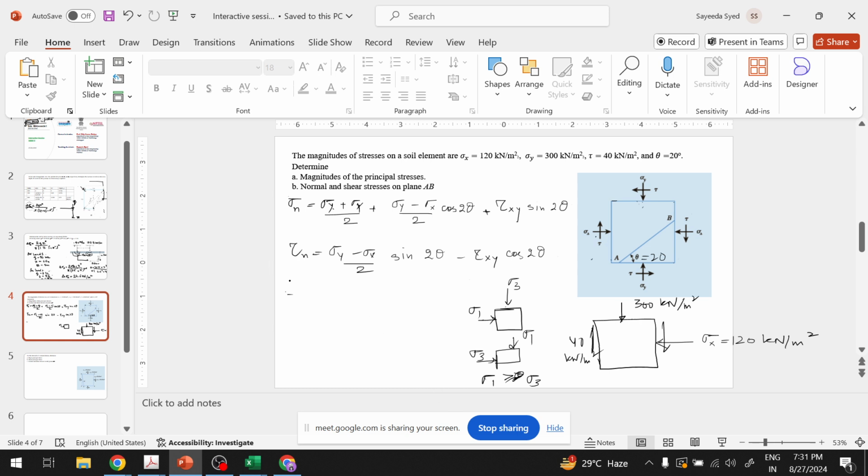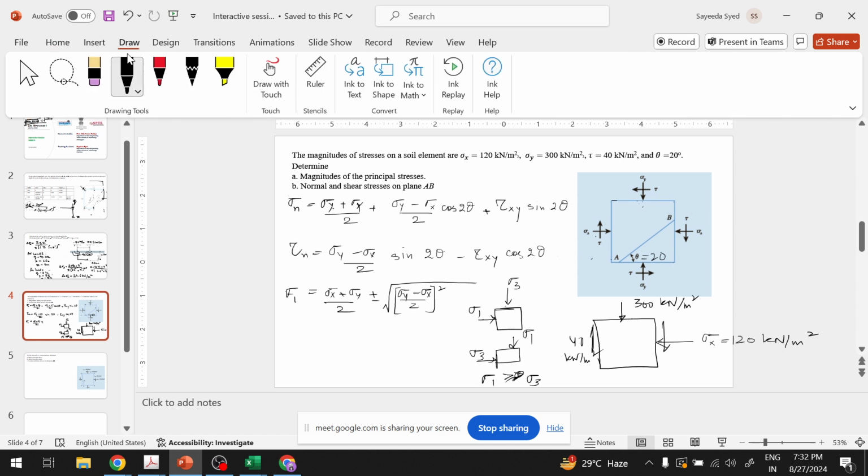Okay, so we have the formula for sigma 1 is sigma x plus sigma y over 2 plus minus the square root of sigma y minus sigma x over 2, whole square, plus tau xy square.